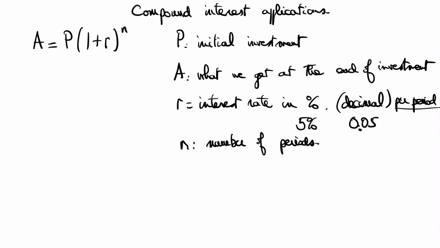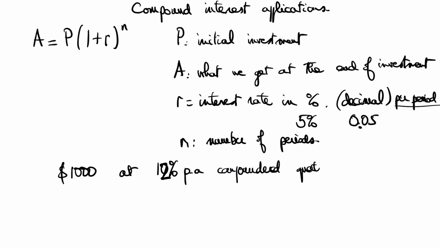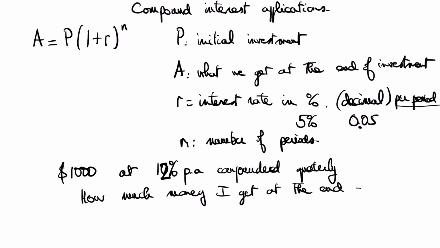So say, for example, if I invest $1,000 at, say, 10% per year, compounded quarterly, let's do this, make it 12% compounded quarterly, and I want to know how much money I get at the end of 3 years.